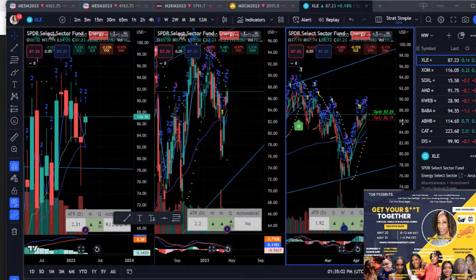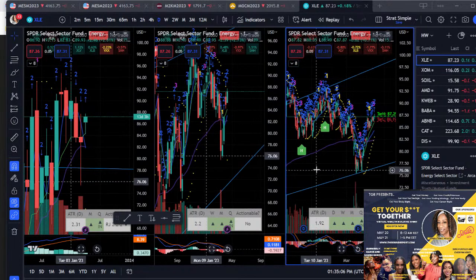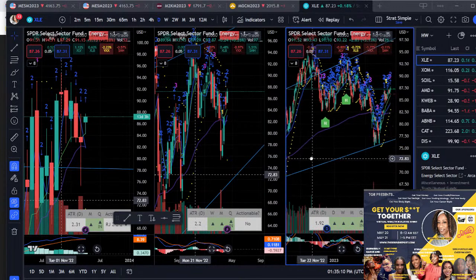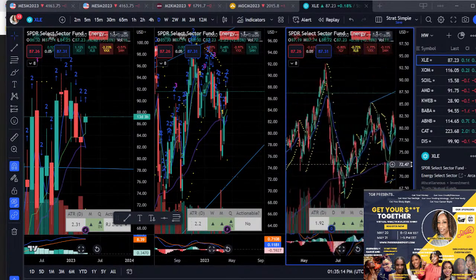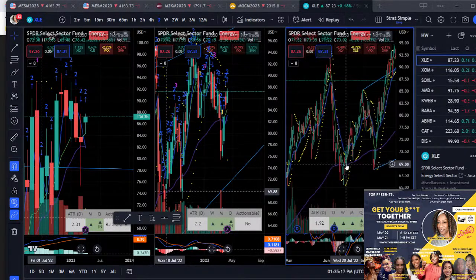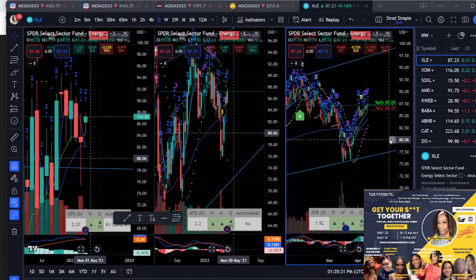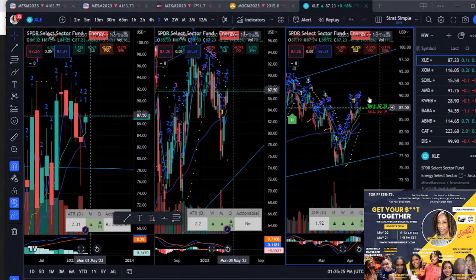But we do know, for the last few months, energy has been gapping and not necessarily filling those gaps. We still have this unfilled gap down here from, when is this? October of last year. So energy is almost like China 2.0 with the gaps, where it's just going. But you can also see this shoulder, head, shoulder.